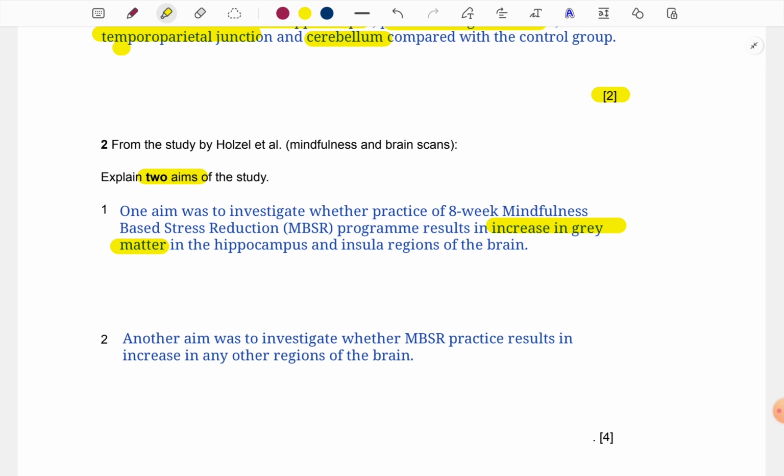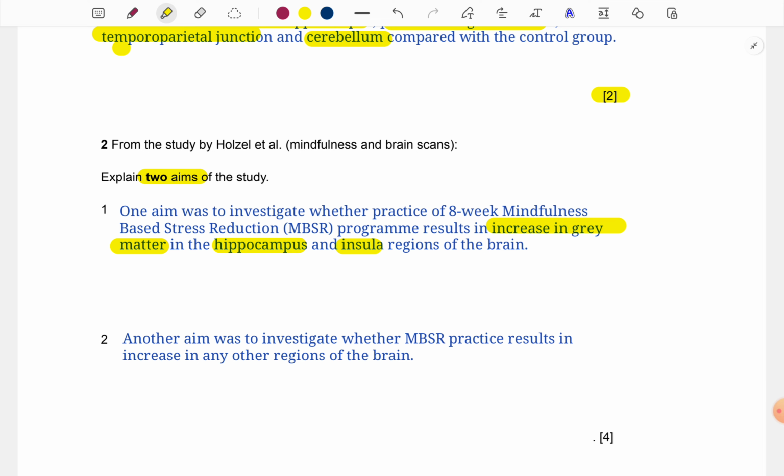Now all the areas in which they found an increase, they were not looking out for all of them before they began the study. There were certain specific areas they were looking out for based on the results of past studies. Those were the hippocampus and the insula of the brain.